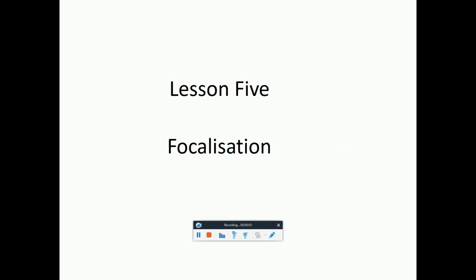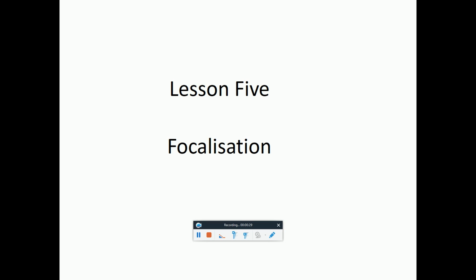The second technique we are going to learn this week is called focalization, 聚焦. We have learned in Lesson 3 that Chinese sentences may have more than one verb, and they are equally important in a sentence.